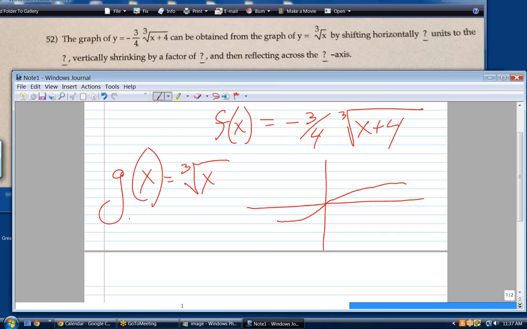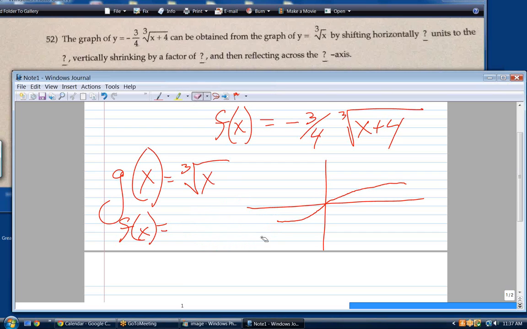In other words, f of x is equal to negative 3/4 of g of x plus 4. The plus 4 is inside the function, but the negative 3/4 is outside the function.